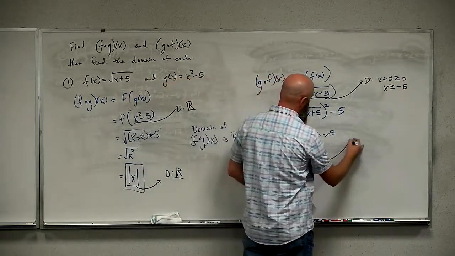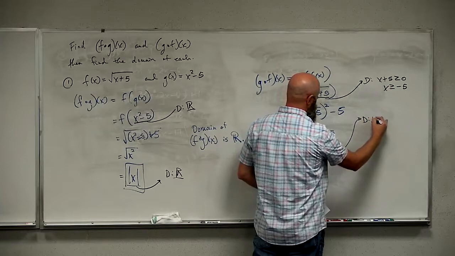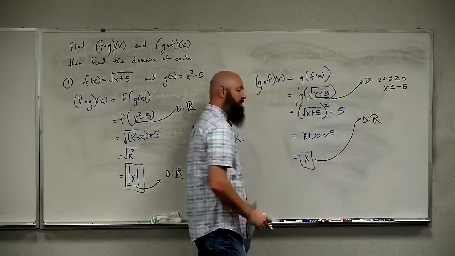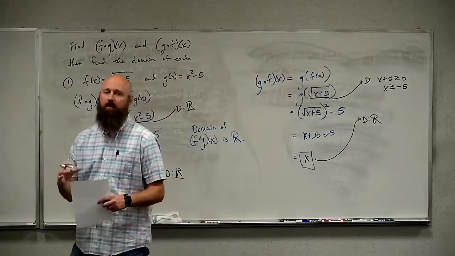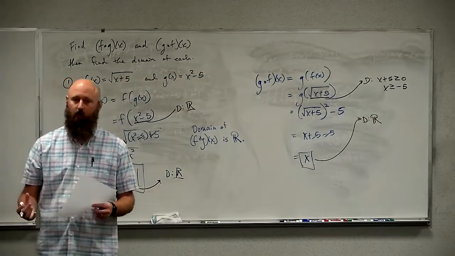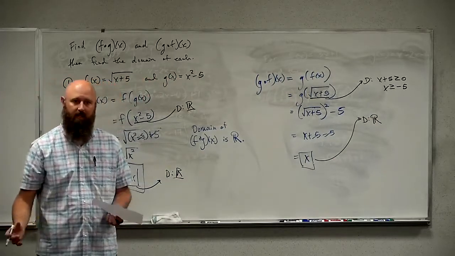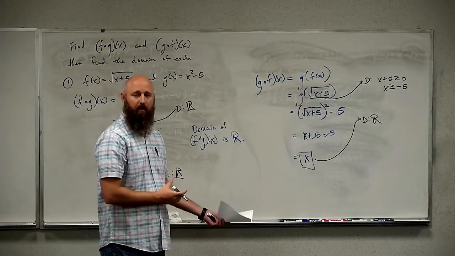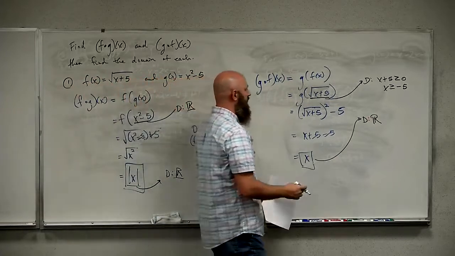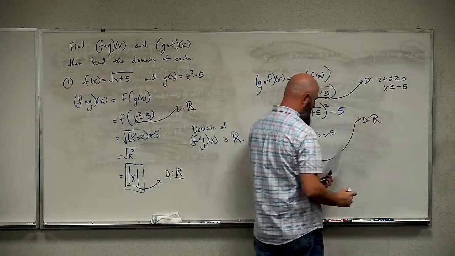Now for down here, its domain is all real numbers because it's just x. But again, we need to be the most restrictive for those. So all real numbers isn't our final answer, even though that goes with the final part of f of g. It's the most restrictive out of these two things.